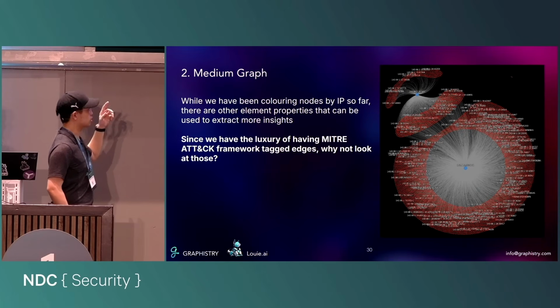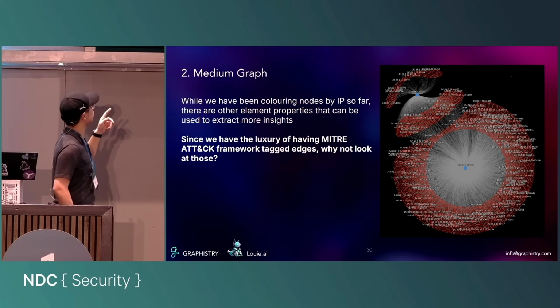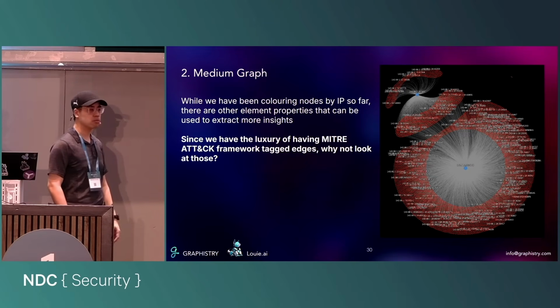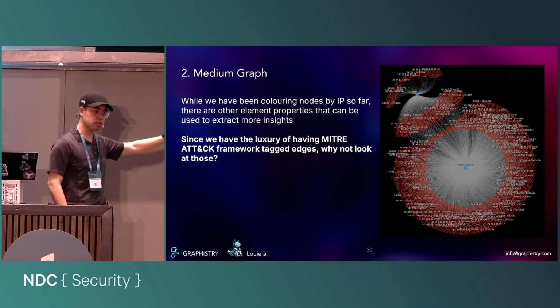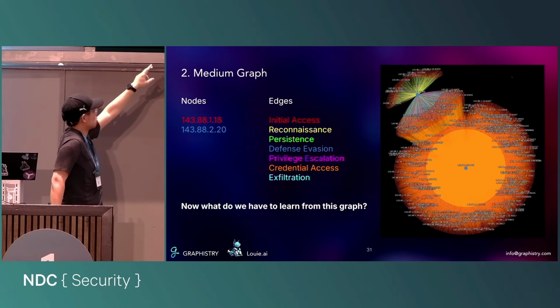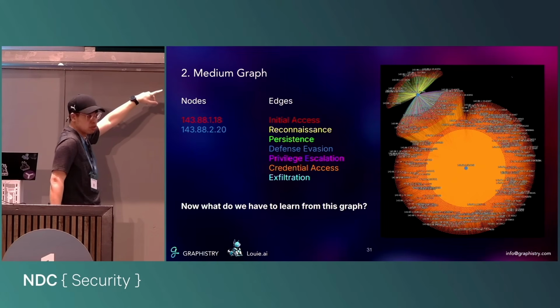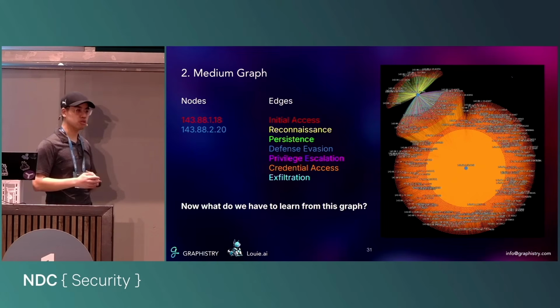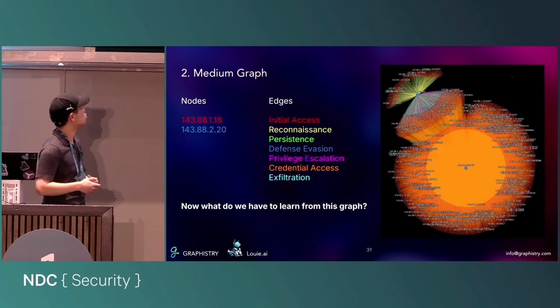Since we've exhausted this graph, let's try adding edge encodings. We've got MITRE ATT&CK tagging, so let's put the MITRE ATT&CK tags on the edges and see what we can find. This is the result. Node encodings are the same, while edge encodings are a new one. You can see that all the orange stuff is going to port 4848. From that we can conclude that they were trying to pull credentials out of the Glassfish somehow.